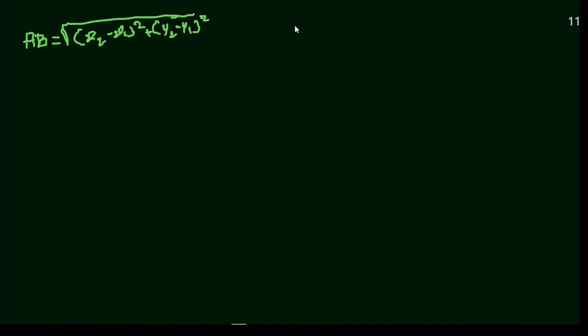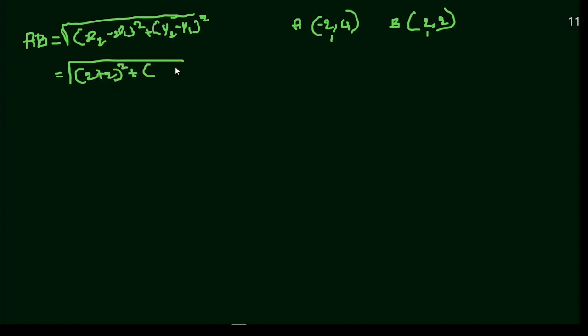Here, what is the A value? A point is minus 2 comma 4 and B is 2 comma 2, right? Now, just substitute the values here. Now x2, 2 minus of minus 2. So that is 2 plus 2 whole square plus y2. What is y2? 2 minus 4.